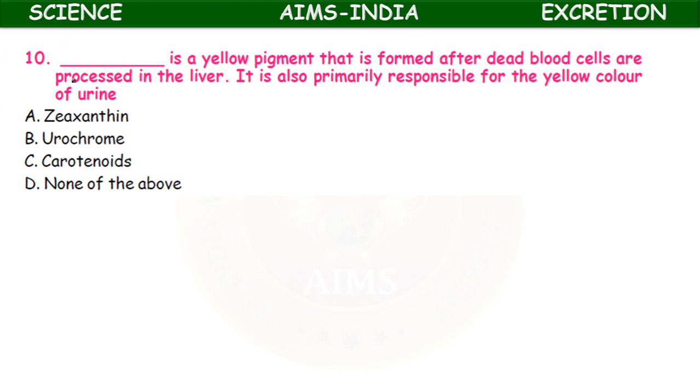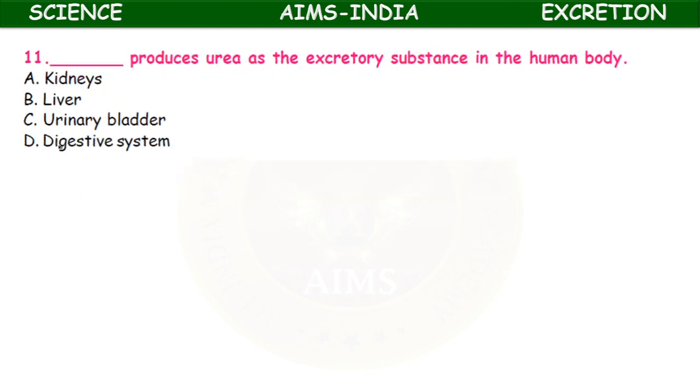It is urochrome, the pigment present in the urine which gives the yellow color. Next, dash produces the urea as the excretory substance in the human body. Kidneys, liver, urinary bladder, digestive system. It is the liver which produces urea, filtered by kidneys.